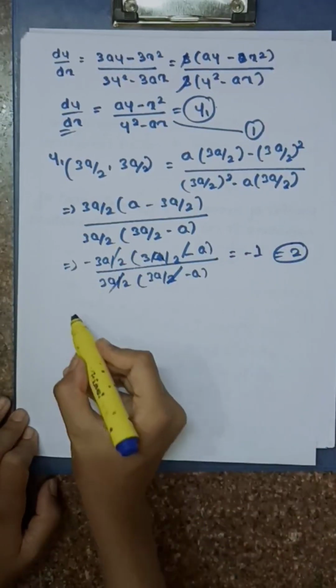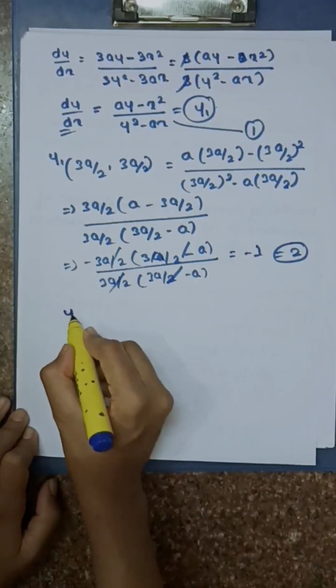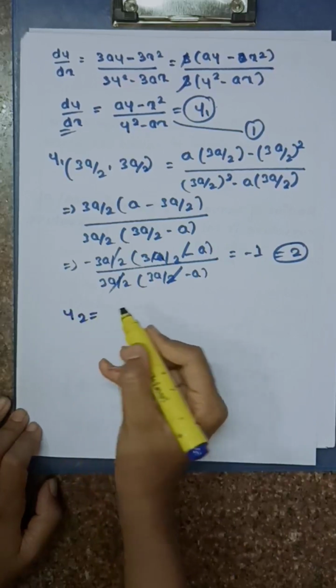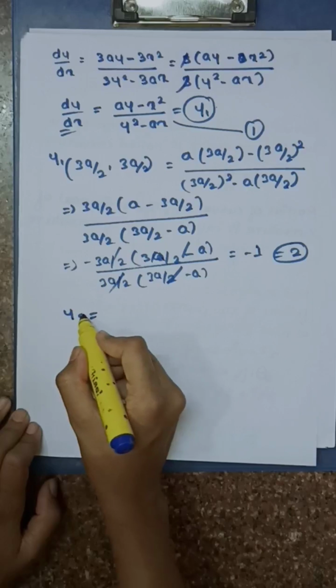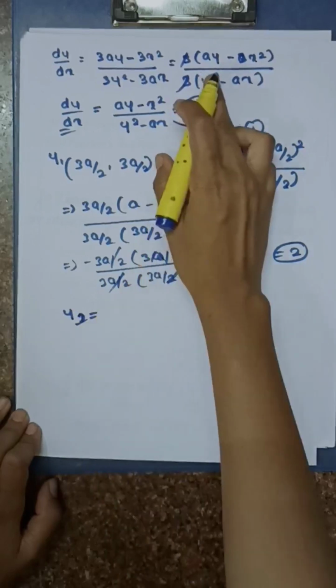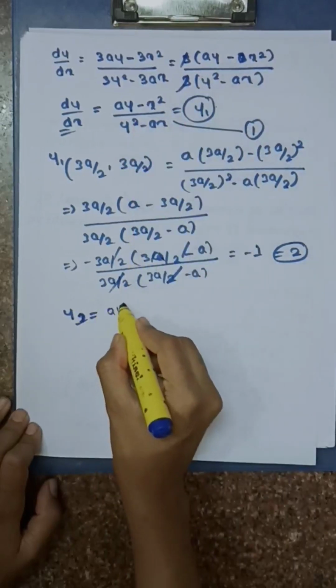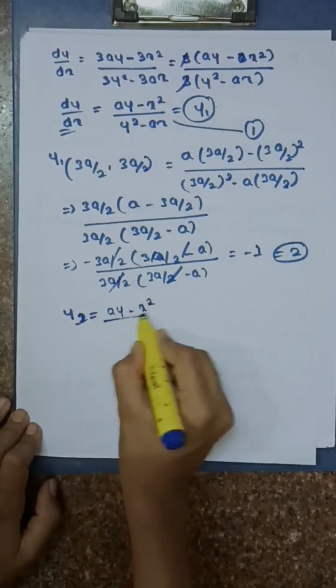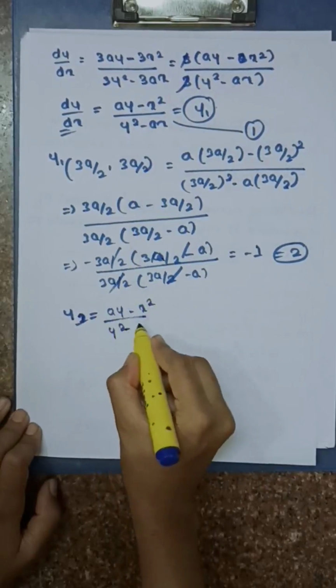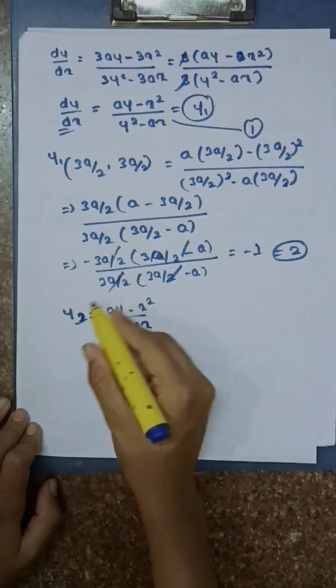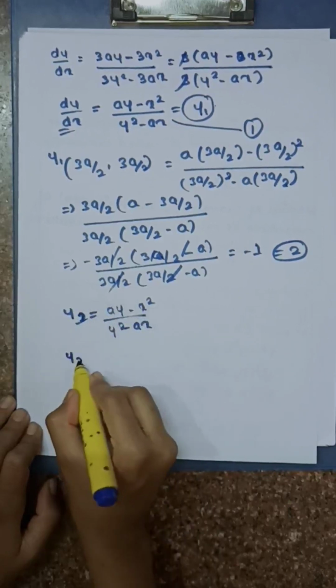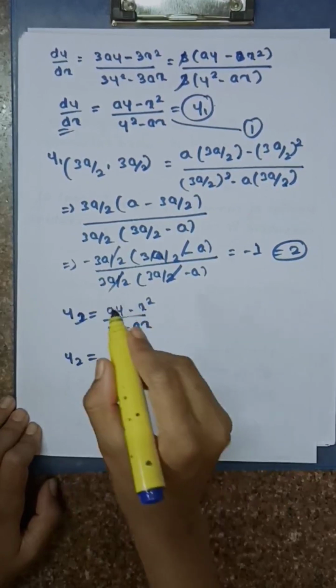Now y2 equals, so here y1 is the equation. Let me write the equation of y1 once again: y1 equals (ay minus x square) divided by (y square minus ax). From this equation I will take y2. If we differentiate this equation once again, we will get y2.